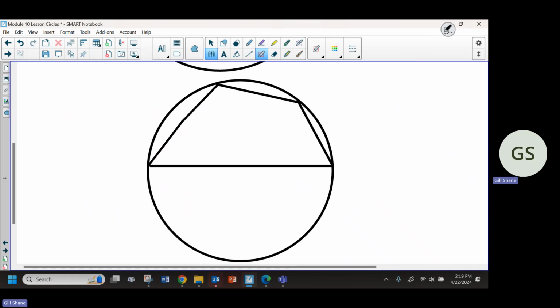Again, not symmetrical. You can't say this line down here is a diameter. I have no idea if that's a diameter or not, even though it kind of looks like it could be. It looks a tiny bit too high, but I don't know anything. Absolutely nothing I can say about that other than the fact that I have a four-sided figure.